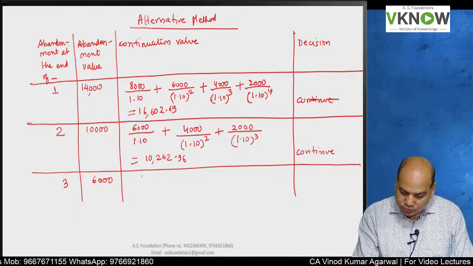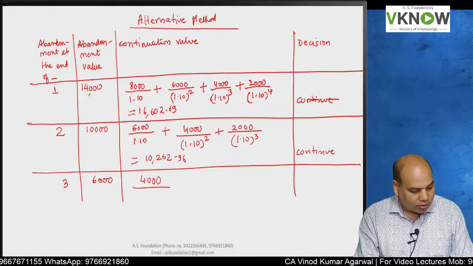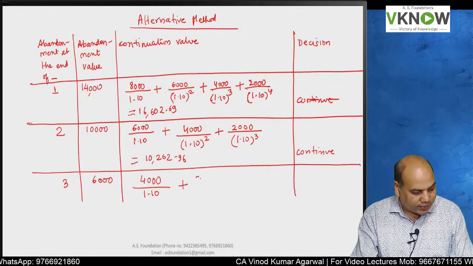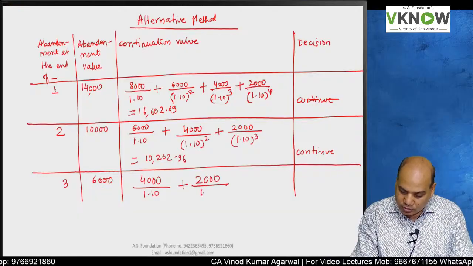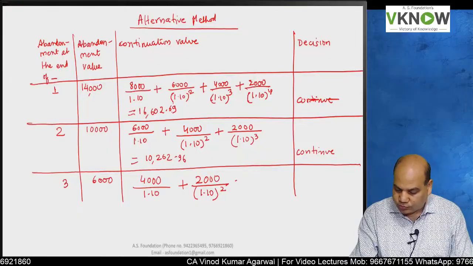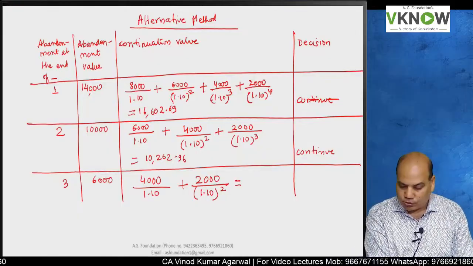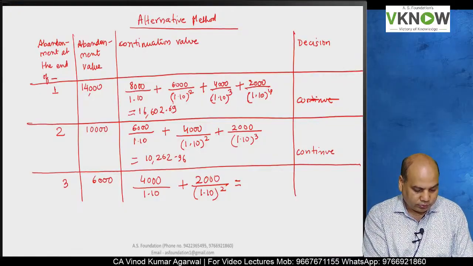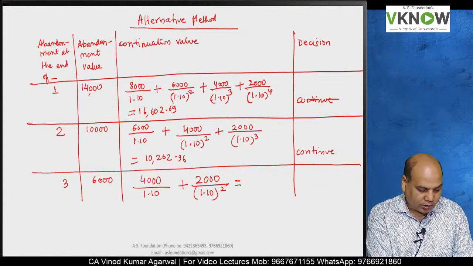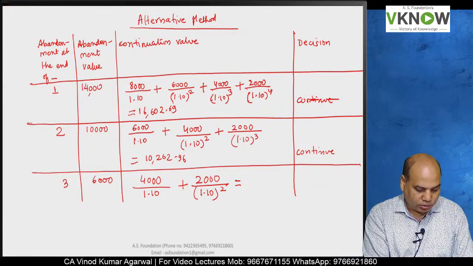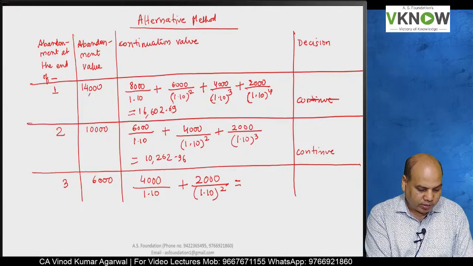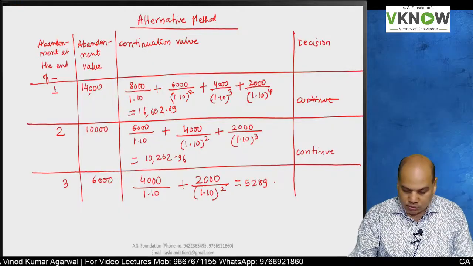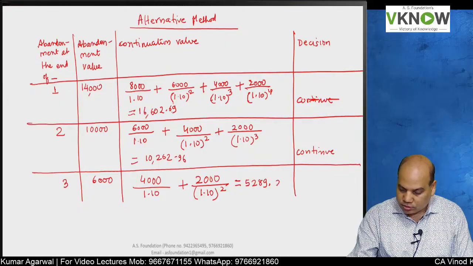If I continue, I will get 4,000 one year from the end of year 3, discounted by 1.10, and 2,000 divided by 1.10 to the power 2. 4,000 divided by 1.10 plus 2,000 divided by 1.10 squared, memory recall, that is 5289.26.